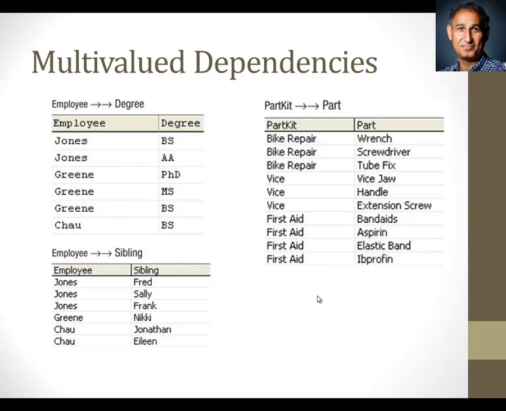In this case, the tables can be separated, or the relation can be separated into different relations. So we will have a relation that's called employee degree table or relation that has the information about the degree, and I can connect that relation with the original employee information relation either using employee ID or using employee name.